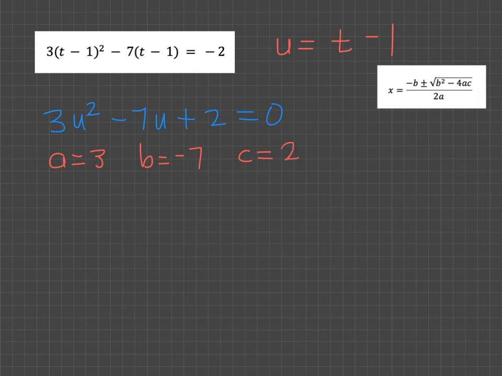Now, we're solving for u at this point. So we have u equals negative b, so that's negative 7, so that's going to be a positive 7, plus or minus the square root of negative 7 squared, which is 49, and then minus 4 times a, which is 3, times c, which is 2, and then it's all over 2 times a, so 2 times 3.